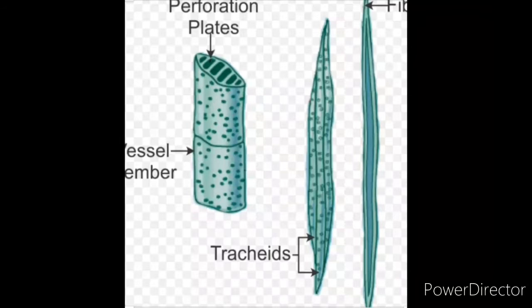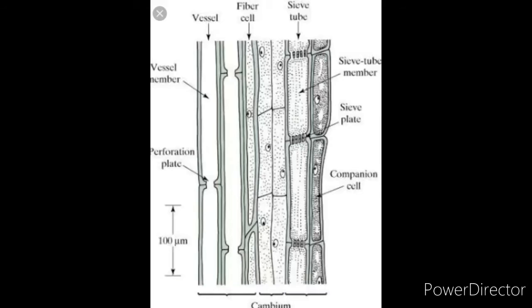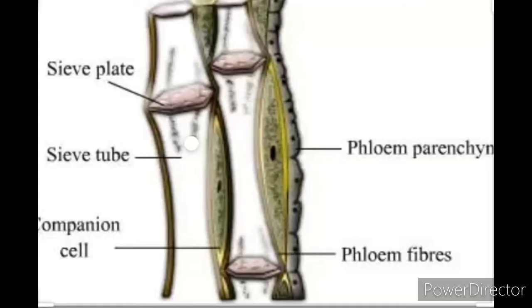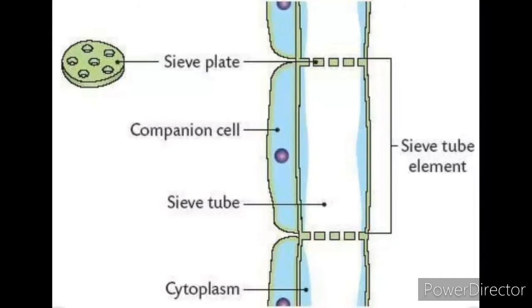So the next tissue, complex tissue xylem, with its components: vessels, tracheids, fibers and parenchyma. Whereas the complex tissue phloem is with sieve cells. Many sieve cells form a sieve tube, and phloem parenchyma, phloem fibers, and the living companion cells with prominent nucleus.